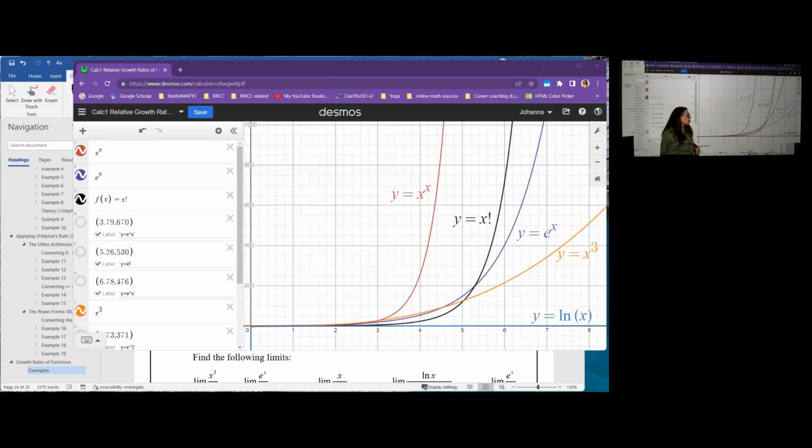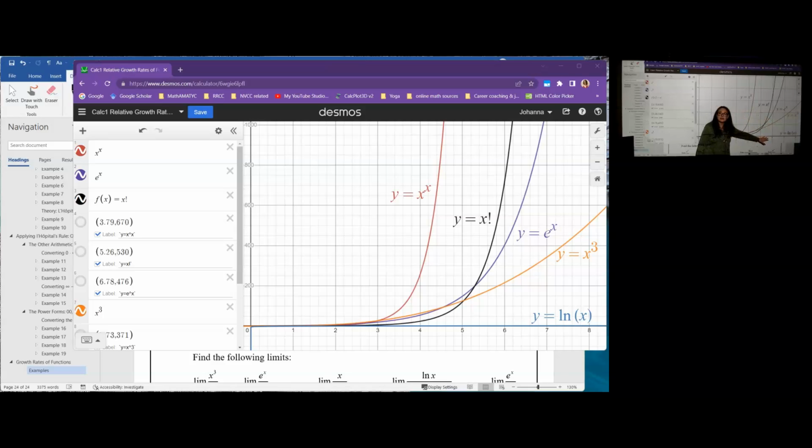The graph of e to the x takes a little longer to go up, but notice it does not go up at the same rate as the factorial or the tower function. X cubed is graphed here. You know how fast it goes up when you're looking at a normal scale, but look how slow it grows compared to these others.